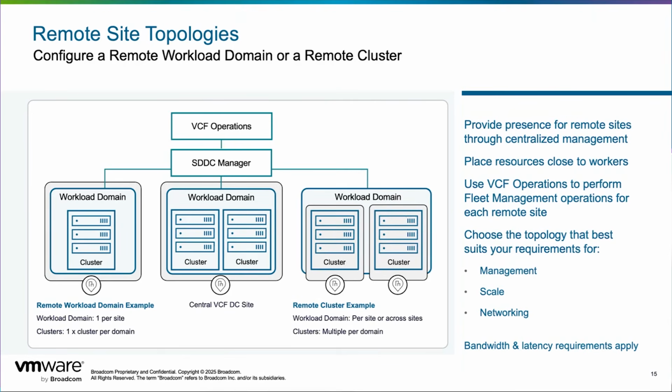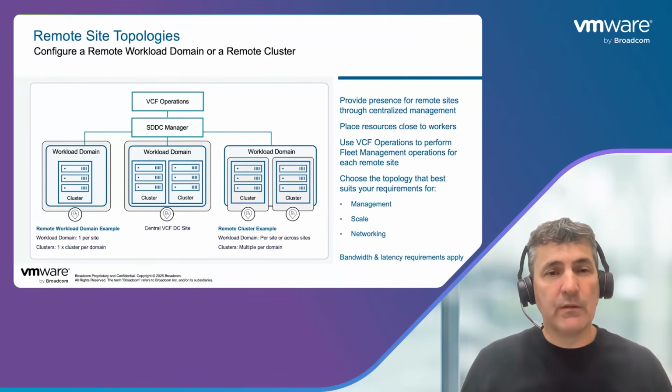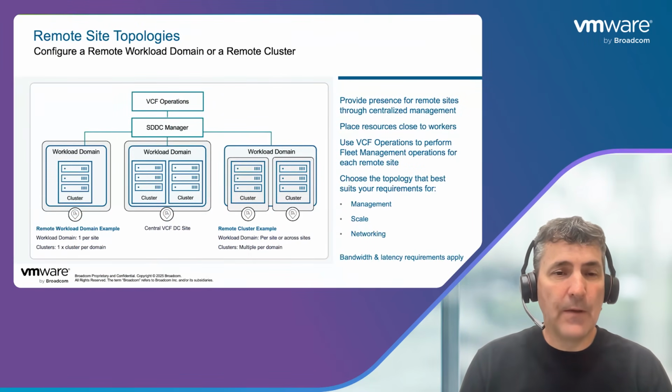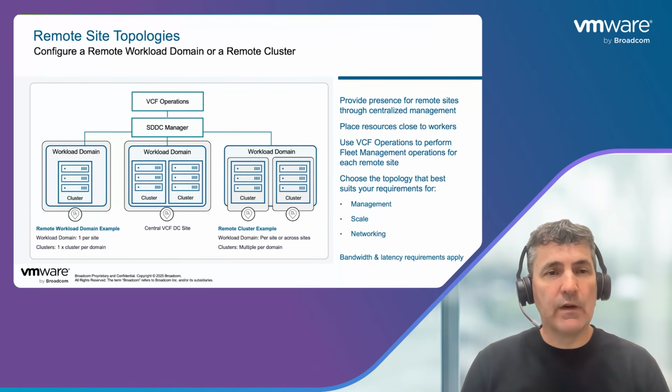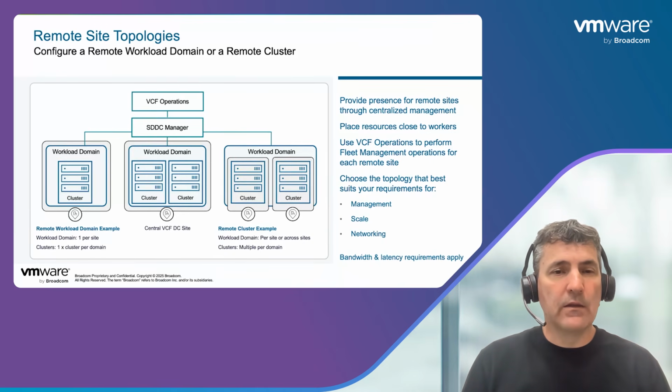We can pick and choose the topology we want, whether the vCenter server runs in the main data center, the central site, or whether the vCenter server is going to run at the remote site. Of course, there's implications with each of these decisions, being primarily around the type of networking that you're using, the location of the vCenter server, and the ability to scale up and scale out. And so there are some pros and cons with each approach, but the point being that as customers look at their remote site needs, they look at how they are going to manage this and how they are going to scale this.